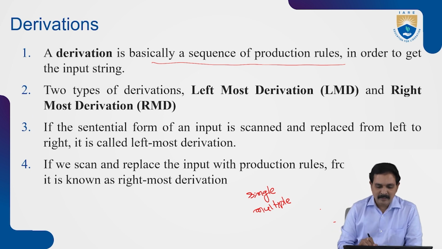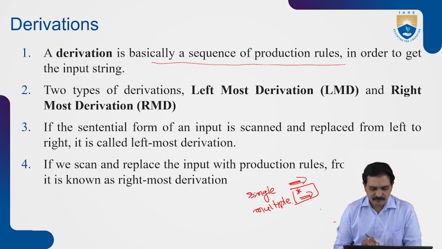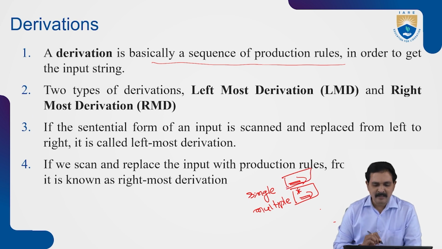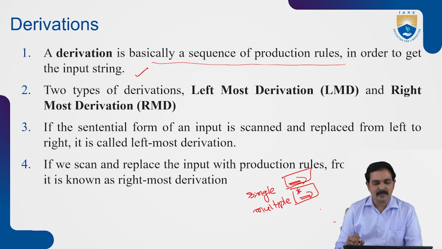So finally, a single production step is denoted by the implies symbol, and when you apply multiple production rules, or the same rule multiple times, it is denoted by implies with the asterisk. That is called multiple derivation, and the first is called single derivation.